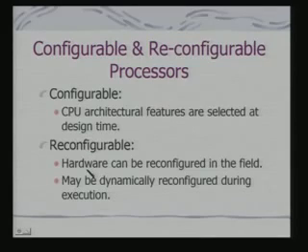Reconfigurable means hardware can be reconfigured in the field and may be dynamically reconfigured during execution. Now in that case, what kind of instructions should the compiler generate to be optimal with respect to an architecture which can undergo modifications? This is actually an open and a serious problem. We shall obviously not look at this problem in its complete complexity. We shall just briefly touch upon its different aspects.